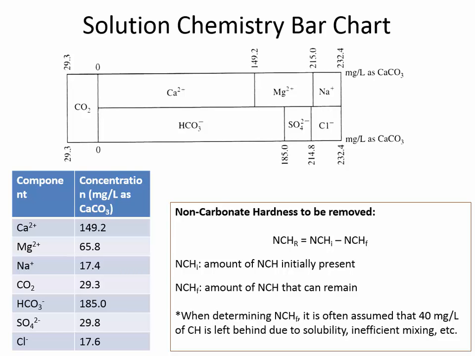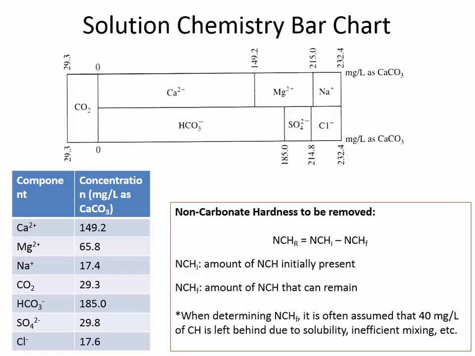So in the problem statement, it'll tell you what total hardness you can finish at. Some of that total hardness will be carbonate, and some will be non-carbonate. What this equation is showing you is that the amount of carbonate hardness that should be removed is the initial amount that was present.